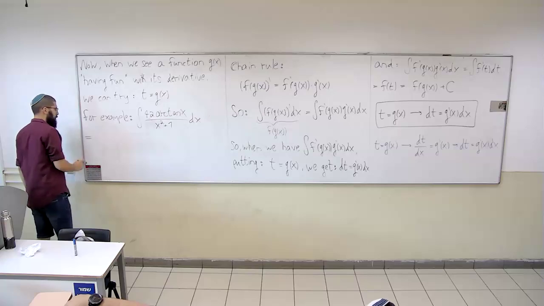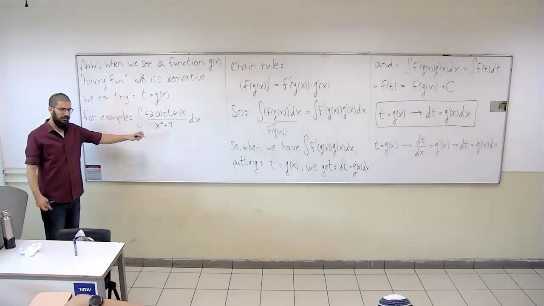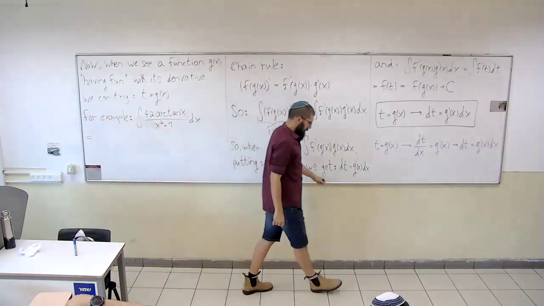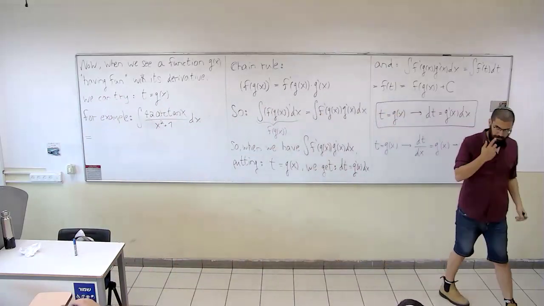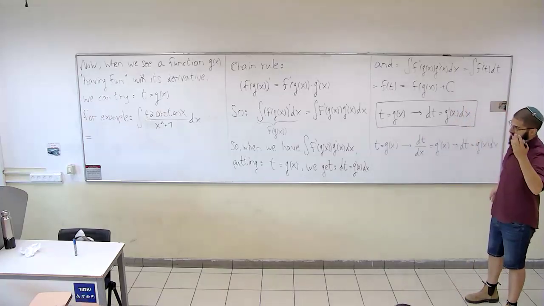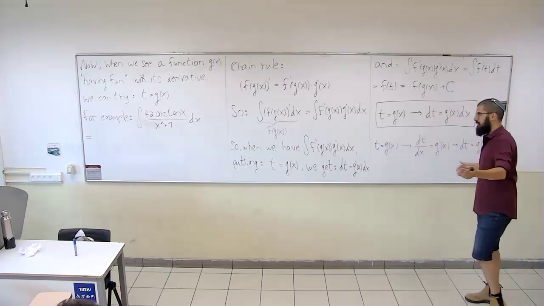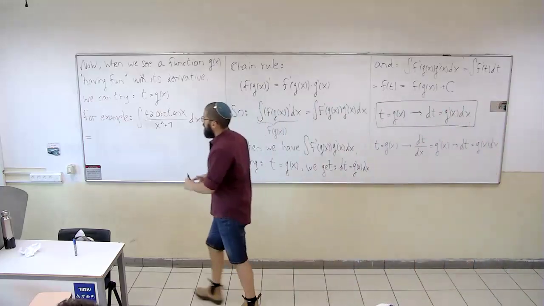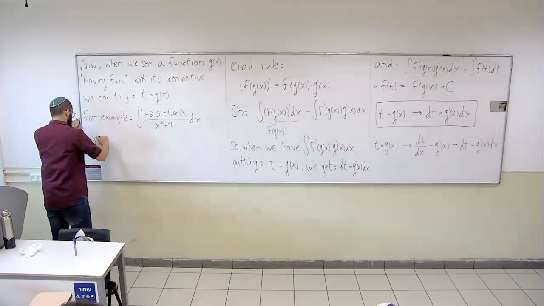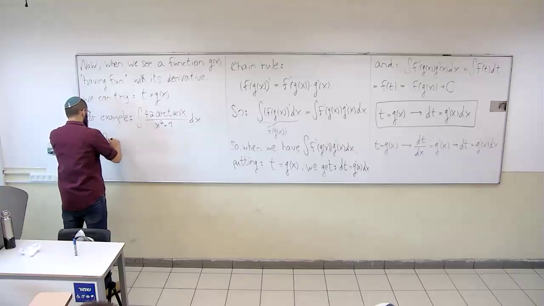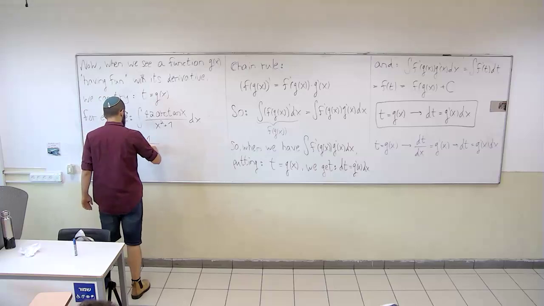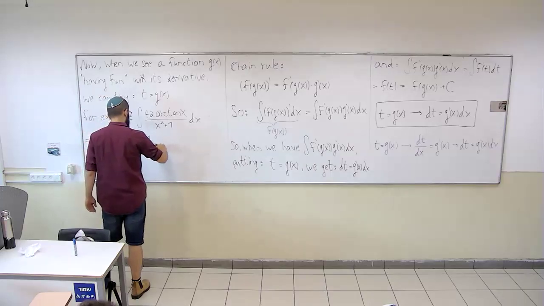How do I actually get to the exercise? I can see the function arctangent on one hand, and its derivative, 1 above x squared plus 1, on the other hand. So, in order to see it more clearly, I can write it this way: 42 outside, the integral of arctangent x times 1 above x squared plus 1 dx.